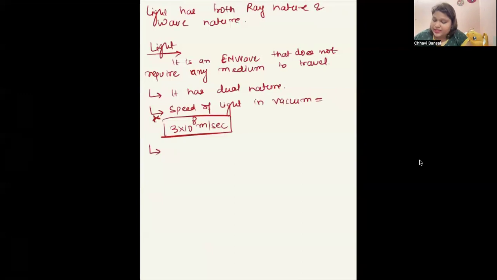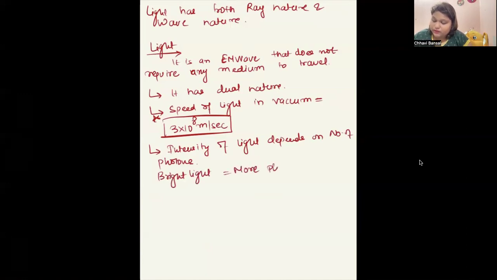Okay, next, intensity of light depends on the number of photons. Means what? For example, there is a bright light, it will have more number of photons. There is a dim light, it will have less number of photons. So bright light will have more photons and dim light will have less photons.